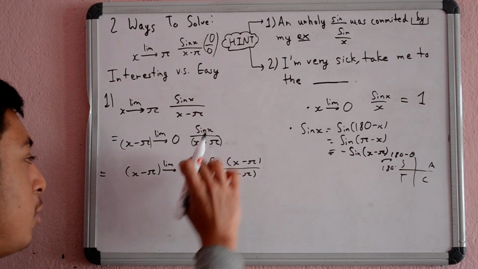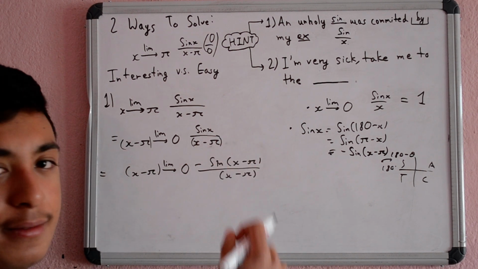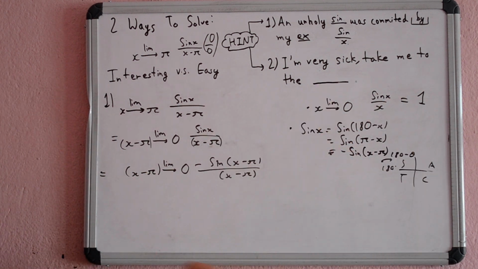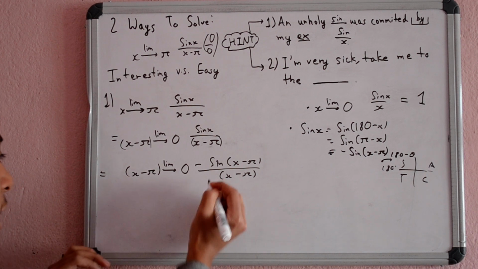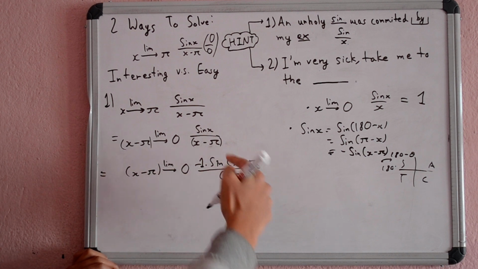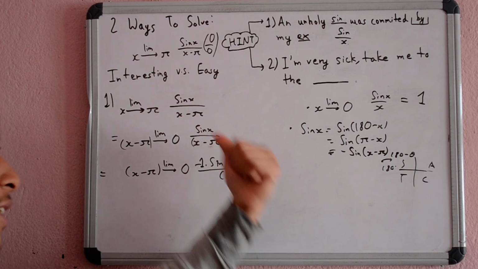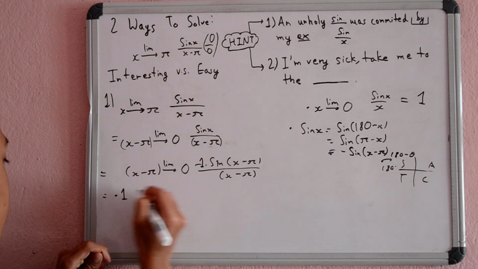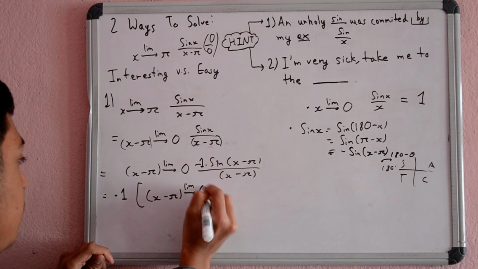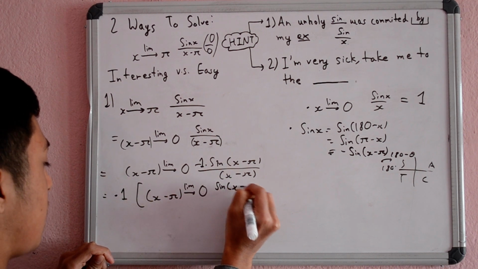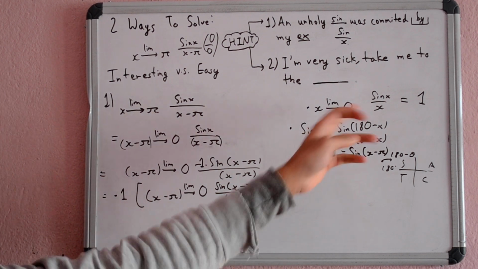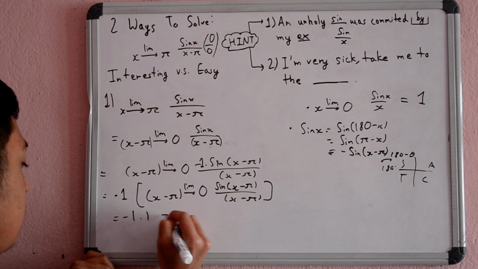Well, in fact you can just put it as minus into 1, because this whole thing is this limit identity. But if you want to be more precise, instead of just letting this be minus, let it be minus 1 into this, right? And here minus 1 is a constant which you can take outside the limit. This becomes minus 1, and then in brackets limit x minus pi approaching 0 of sine of x minus pi by x minus pi. Now this we know is just 1, so it is minus 1 into 1 equals minus 1.